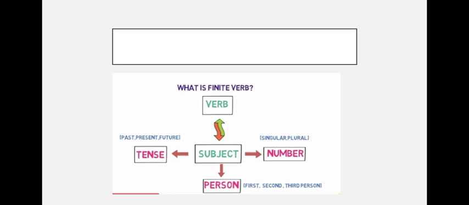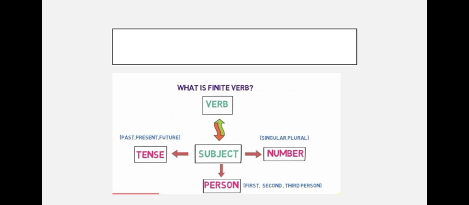And what are they? As you can see in the diagram, the first one is the tense. The tense tells us that the subject is performing the action in the past, present or future. So the tense tells us the time of the action.